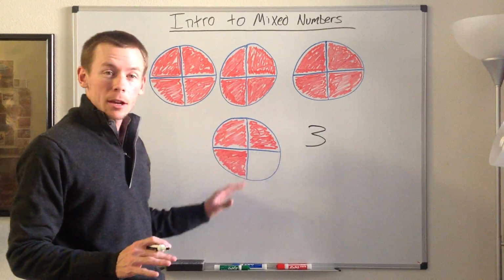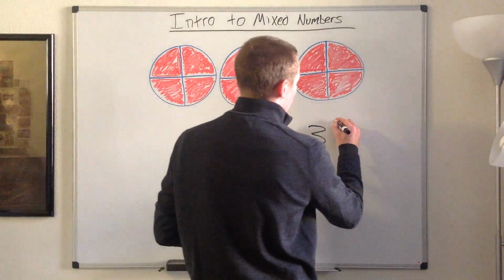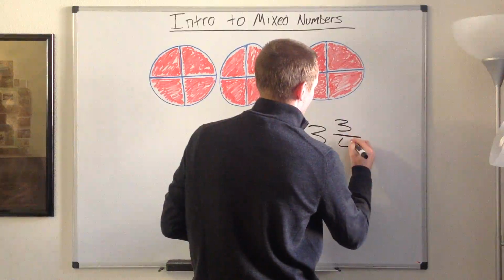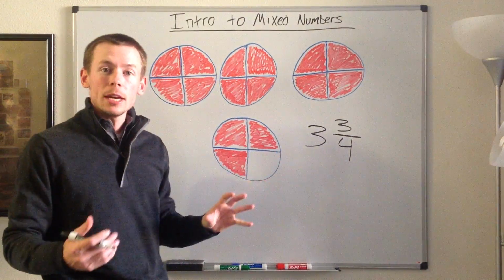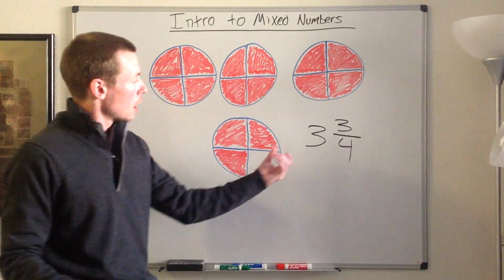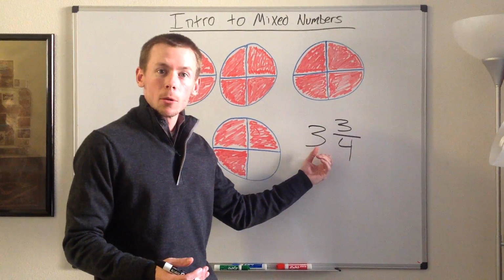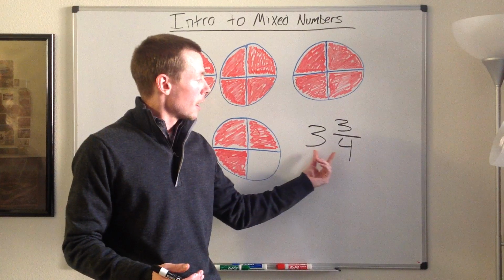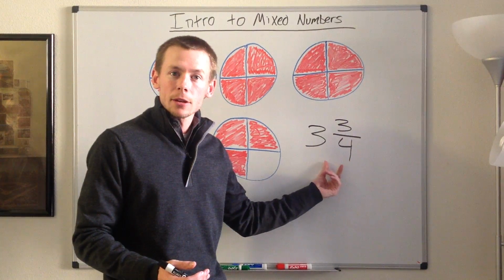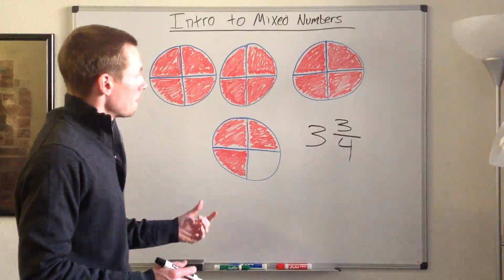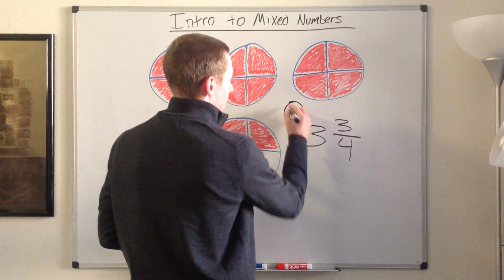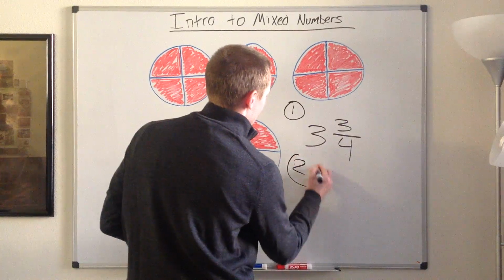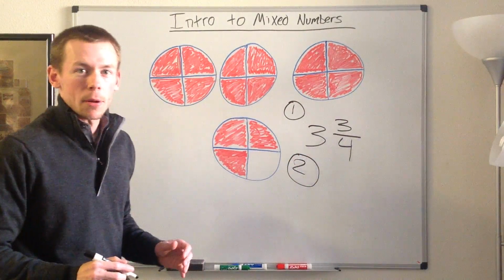What we have are 3 out of the 4 shaded, so we could consider this right here as 3 and 3/4, which is a mixed number where we have a whole number and then a fraction together. Right? But there's also another way we could look at this. So this is the first way, and this is the second way.